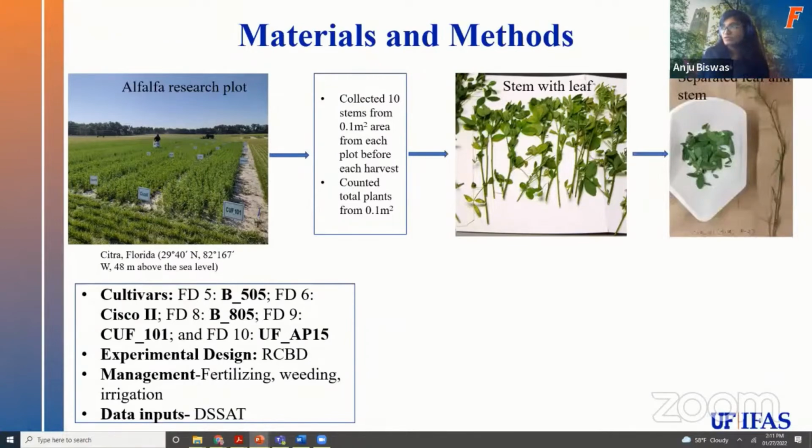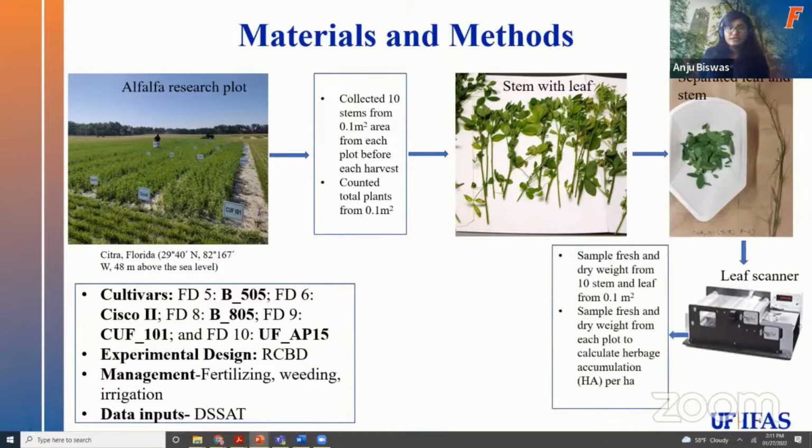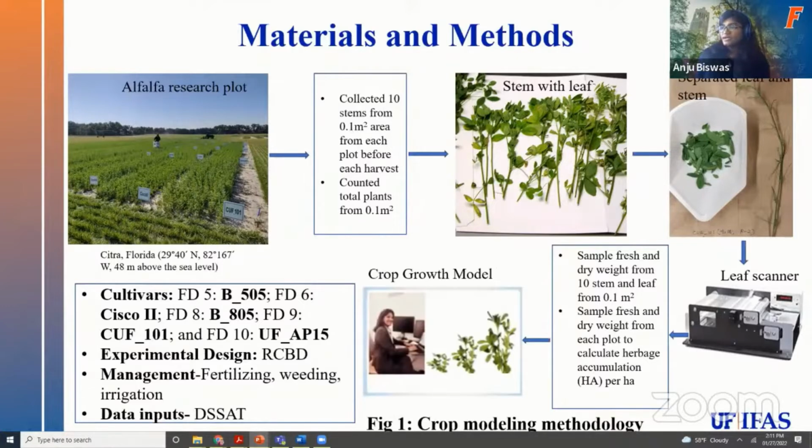We took the weight of the stem and leaf, and we scanned the leaves to get the leaf area index. Later on, we dried the leaf and stem and took the sample weight to calculate weight per hectare, again kilograms per hectare. And later on, we input all that information in DSSAT to make the crop growth model predict biomass yield in our research.